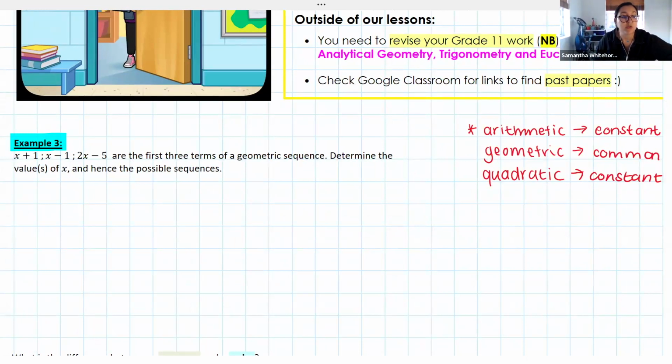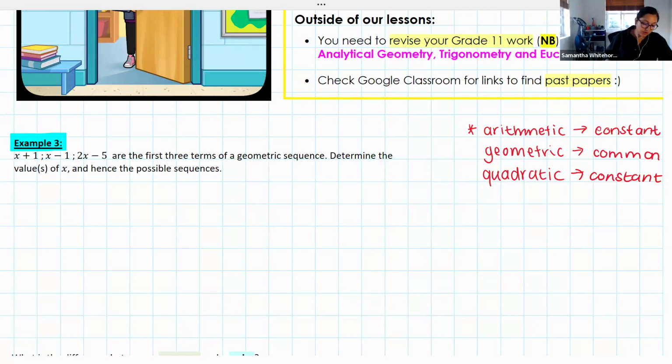This is a really nice question to get you into the idea of how we test geometric sequences in exams and in tests. This is definitely the type of question we would ask. I am going to do a lesson on past paper questions a bit later on in this course, but this is a good idea of how this will be tested.